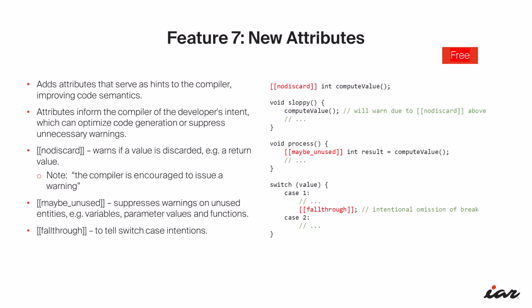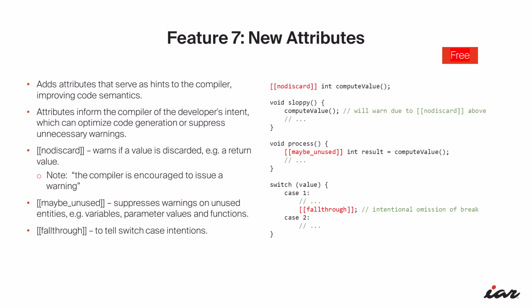The first one is called nodiscard, and that will warn if a value is discarded, for example, if there is a return value that is unused. Also note that the C++ standard specifies here that the compiler is encouraged to issue a warning. There is no guarantee that this will be done, but at least the IAR compiler will do this.